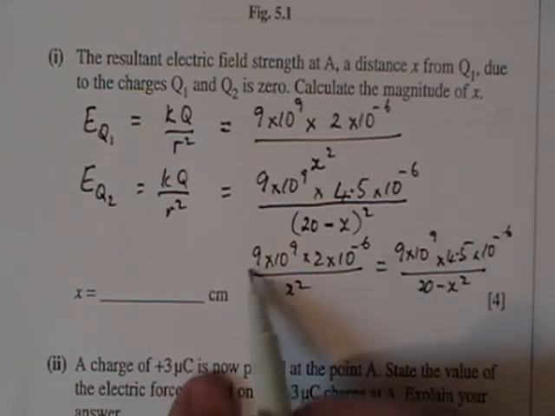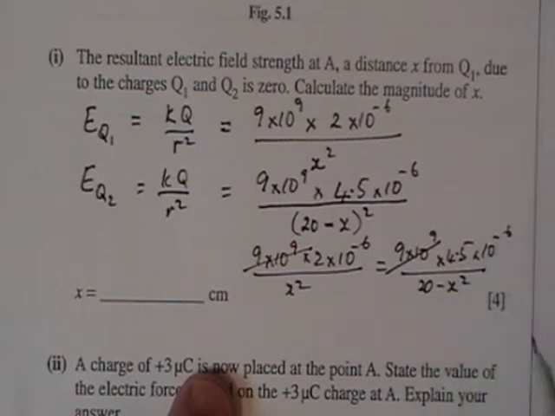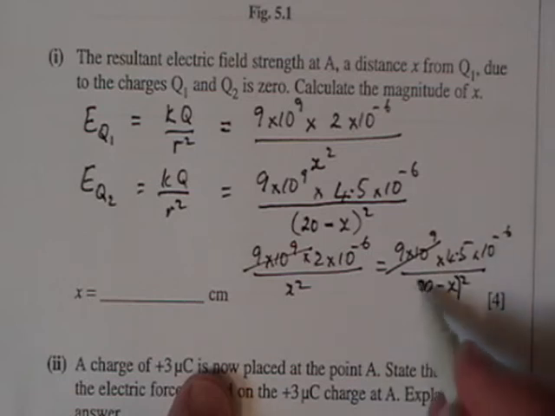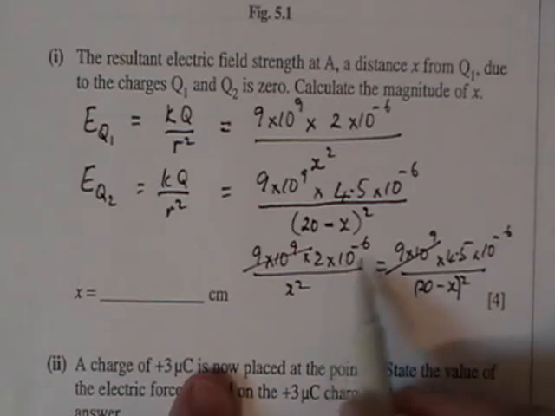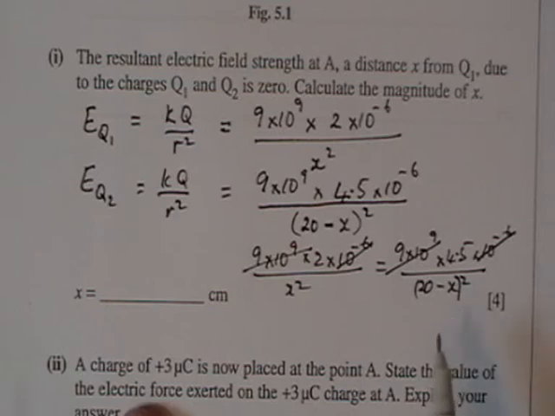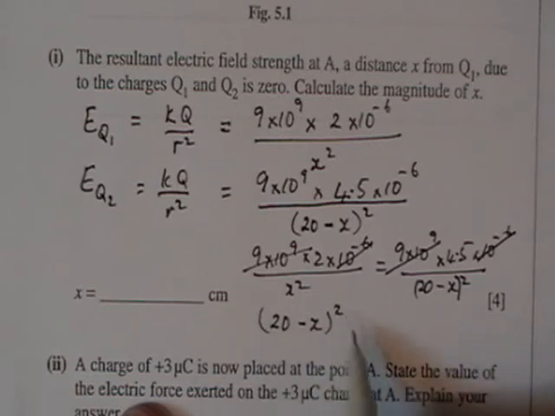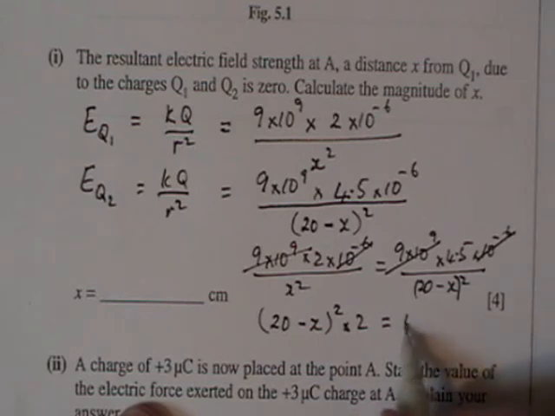The 9 times 10 to the 9 cancels, and the 10 to the minus 6 cancels. Multiplying across, I get 20 minus x all squared times 2 is equal to 4.5 times x squared.